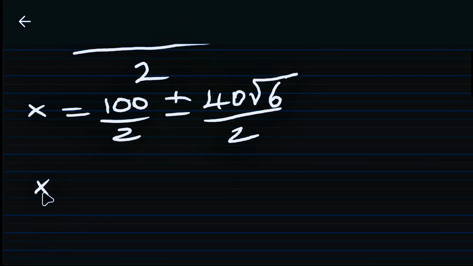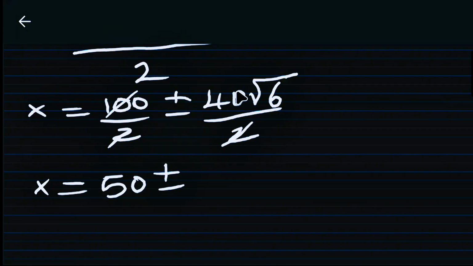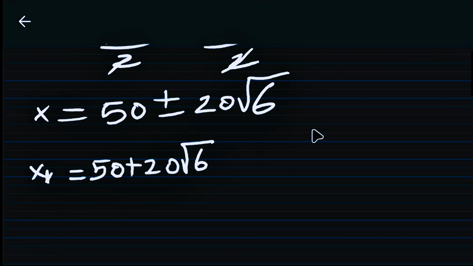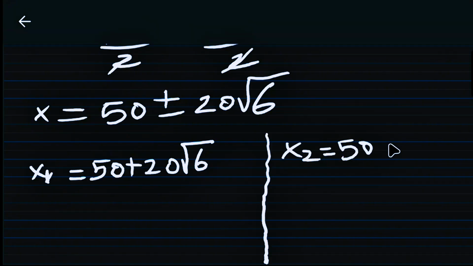So from here x will be equal to 100 divided by 2, which will give us 50, then plus or minus 40 divided by 2, which will give us 20 square root of 6. And from here we'll have 2 values of x. So x1 will be equal to 50 plus 20 square root of 6. And let's draw a line. x2 will be equal to 50 minus 20 square root of 6.